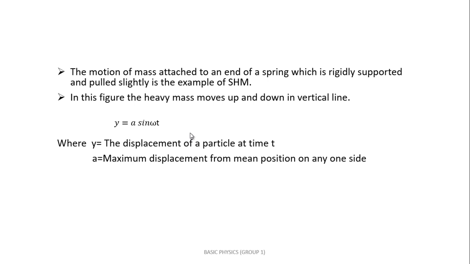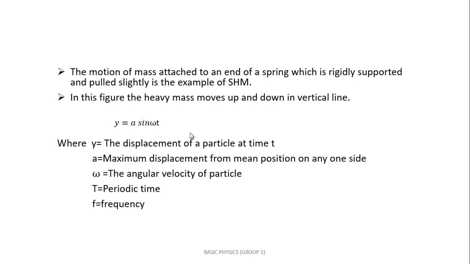It's maximum distance. Omega is the angular velocity of particle. T, it means periodic time. F is equal to frequency. Small t is equal to only time.